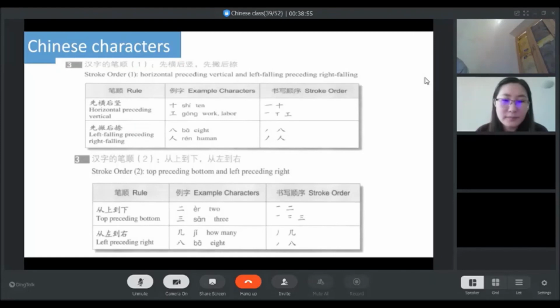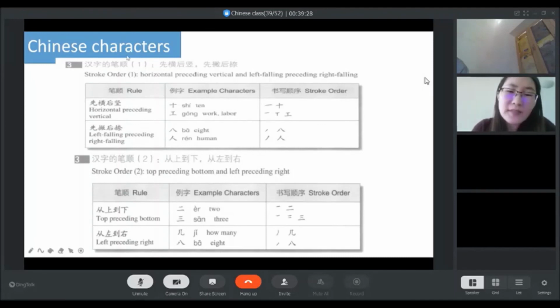So when you write the Chinese characters, there's a principle. Here, we can see the rule of how to write a Chinese character. We write 横 first and then 竖. We write the horizontal one first and then the vertical one.